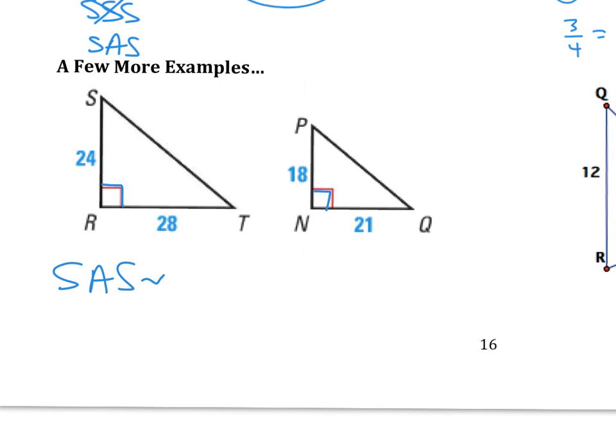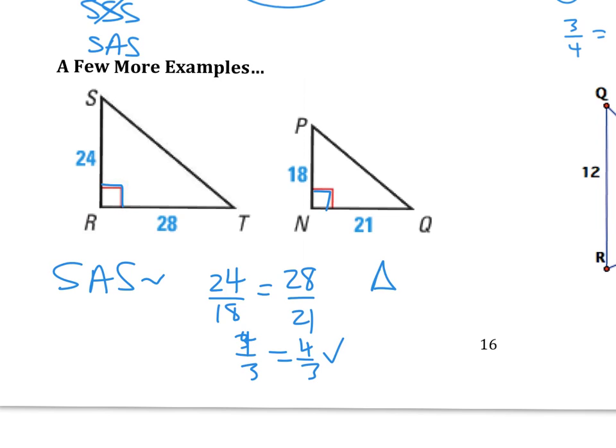So according to you, just double checking the numbers, 24 over 18 is equal to 28 over 21. Are those correct? If I divide by 6, I get 4 over 3. And if I divide by 7, I get 4 over 3. So check, it works. So it is side, angle, side.